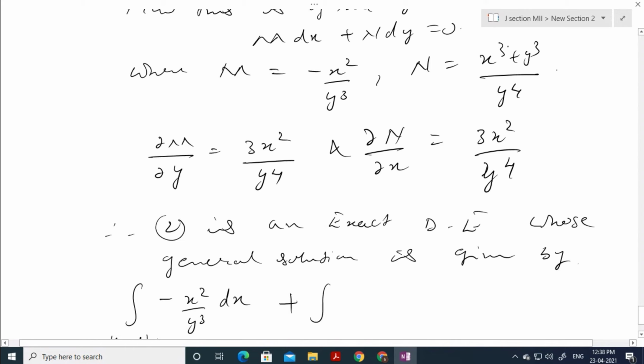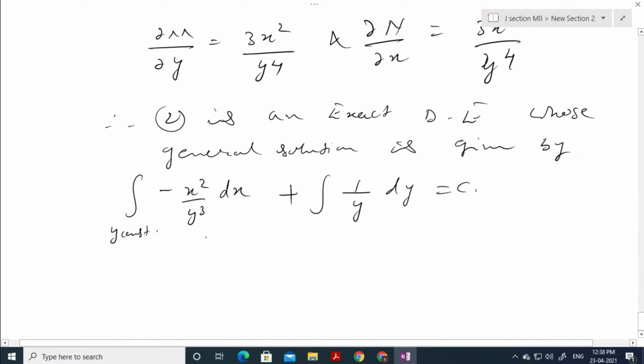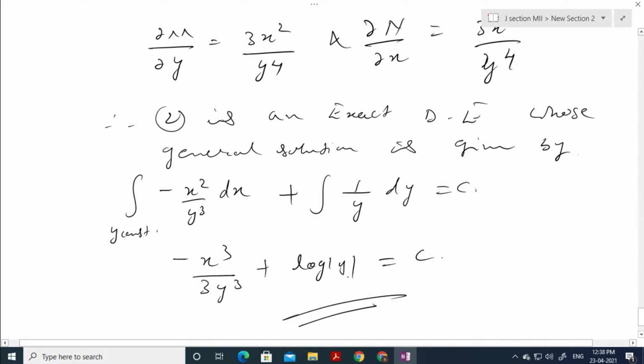What are the terms of N independent of x? 1 by y. So 1 by y dy equals a constant. When you integrate, you get minus x cube by 3y cube plus log y equal to c. This is the general solution of 2, which is the same as the general solution of 1. Got it?